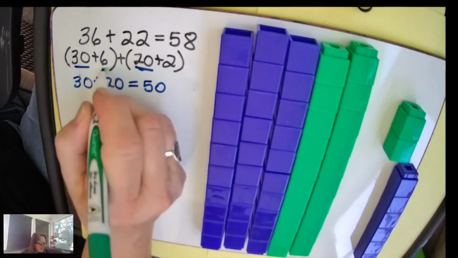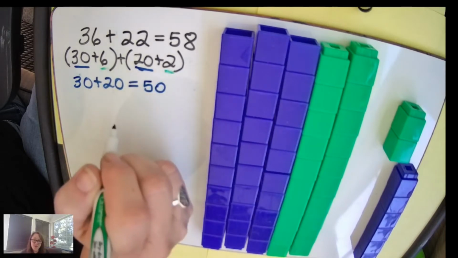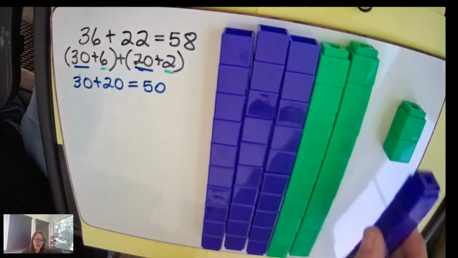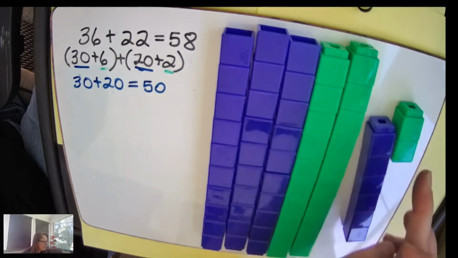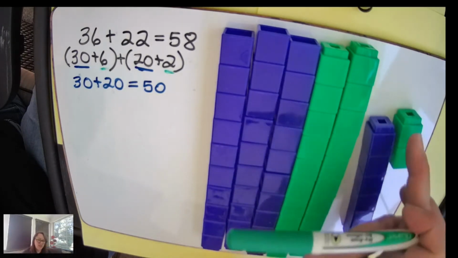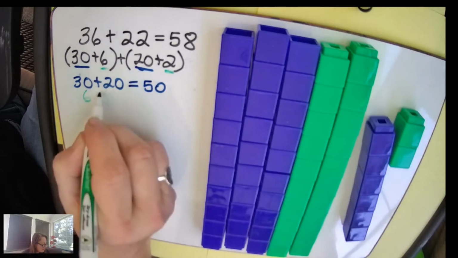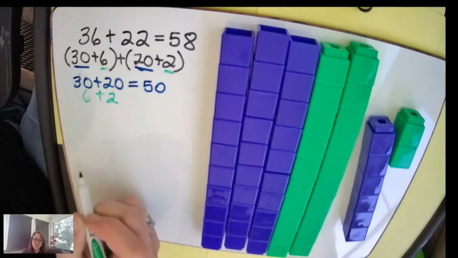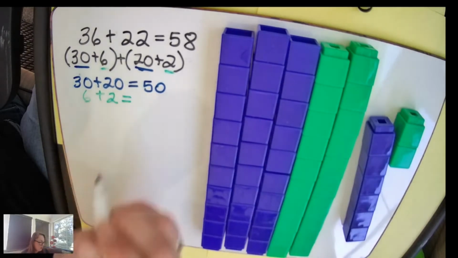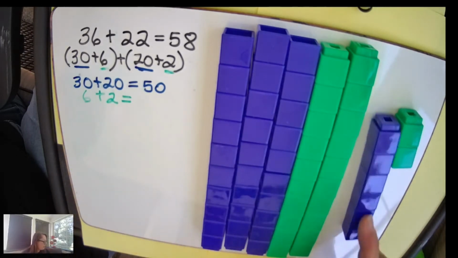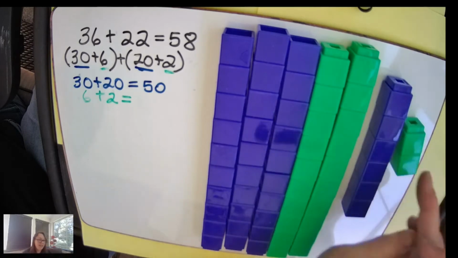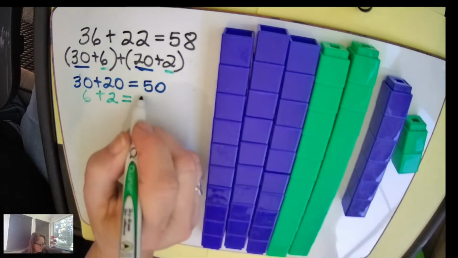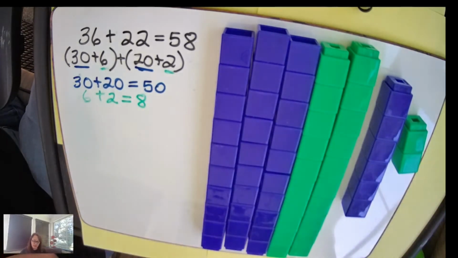Okay, then 6 plus 2, the ones. We have the 6, 1, 2, 3, 4, 5, 6, plus 2, 1, 2. 6 plus 2 equals 7, 8. Okay, Matt, now what?